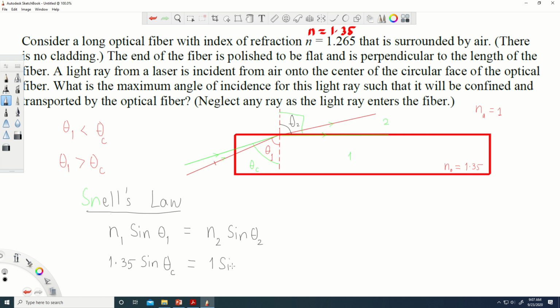And if we are finding the critical angle, then the angle of refraction corresponding to the critical angle would always be 90 degrees. By definition, the critical angle is the angle of incidence for which the angle of refraction is 90 degrees.